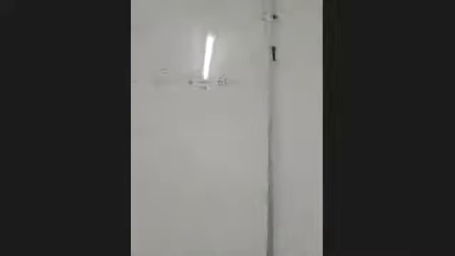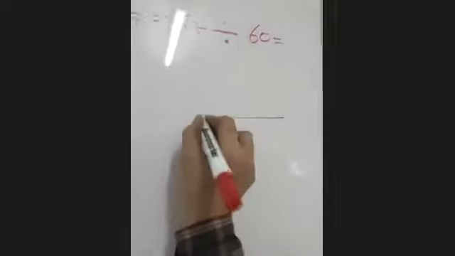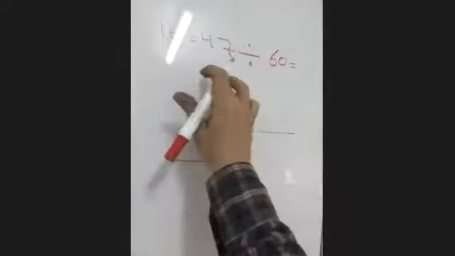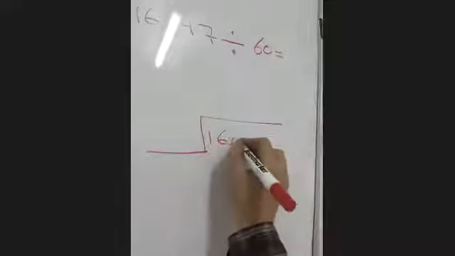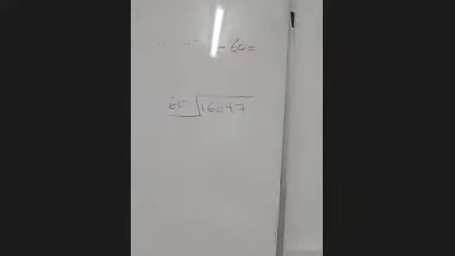Now look here, guys. I still have a few minutes. Let me finish this for you, please. Now we make long division. Put the dividend here, 16,047 divided by 60. Now let's start.